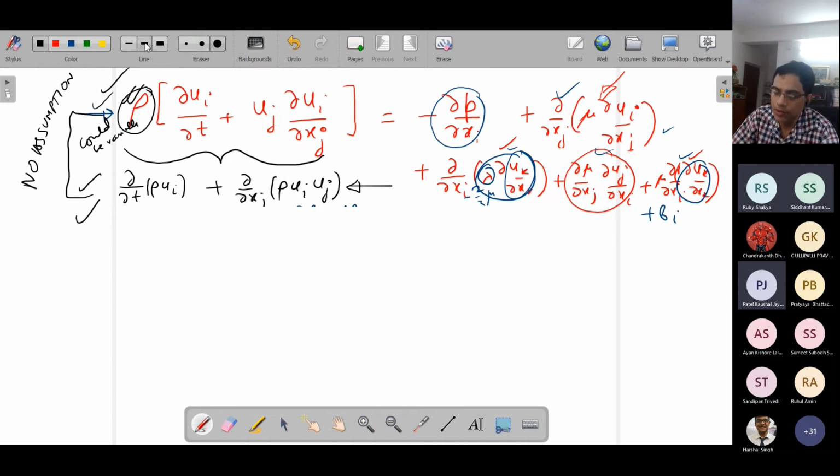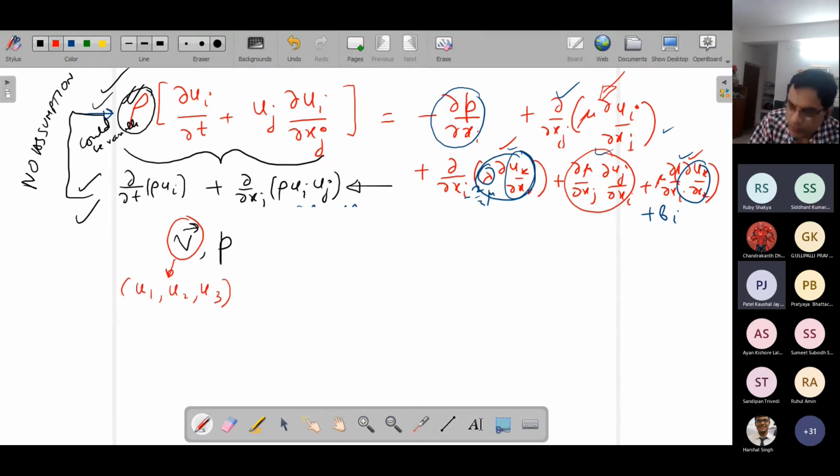The most fundamental variables, velocity and pressure. The velocity has three components, U1, U2 and U3, or UVW, whatever name you give. Here I am telling U1, U2, U3 because we are using the index i. So with index i, it will have three components, 1, 2 and 3 for the velocity components along x, y, z or x1, x2, x3.